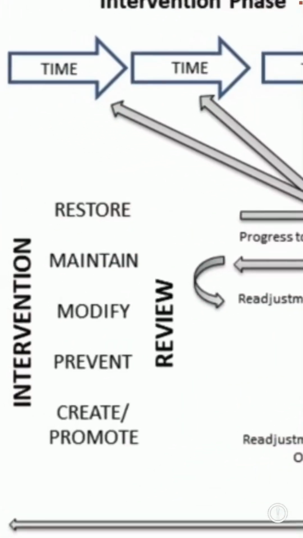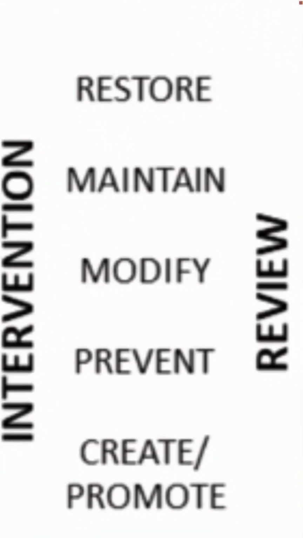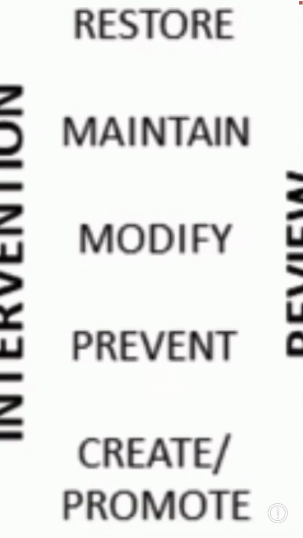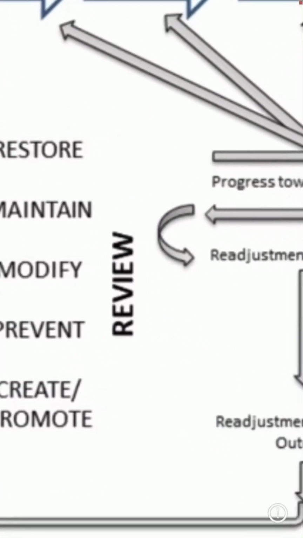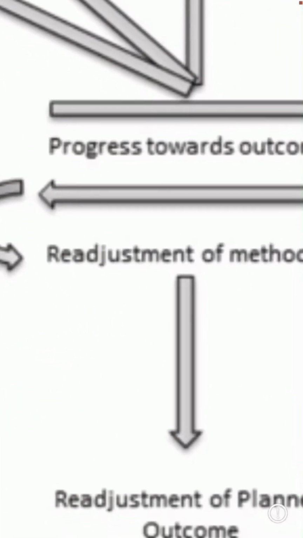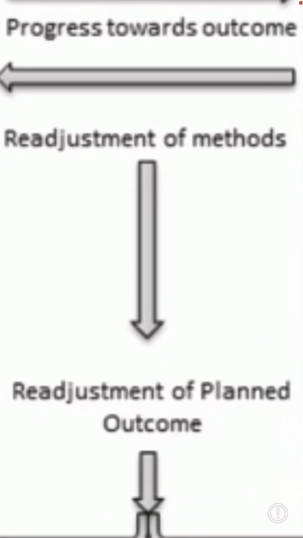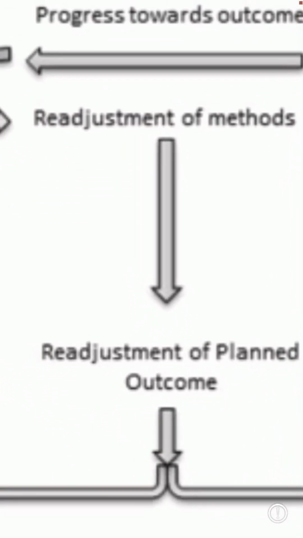And if your initial method was to restore, particularly if you're in a stroke ward or head injury unit or a physical rehab unit, you initially think about restorative intervention only to realize that the problems have stuck and therefore you need to compensate. So you may have to do a modified intervention now. So you readjust the methods, in which case your planned outcome will have to be readjusted as well.